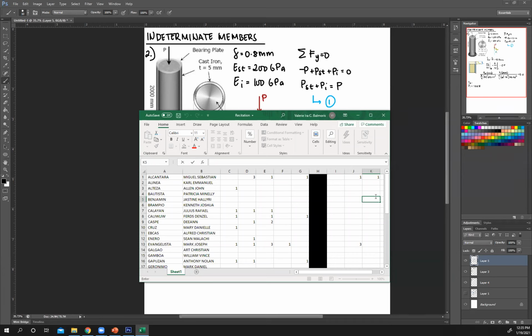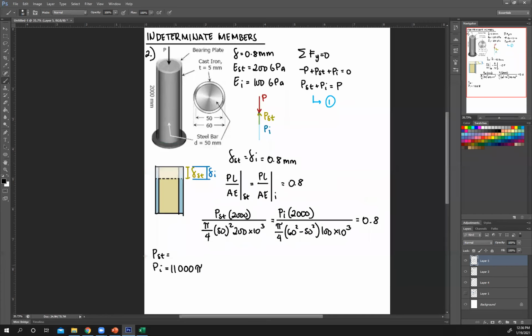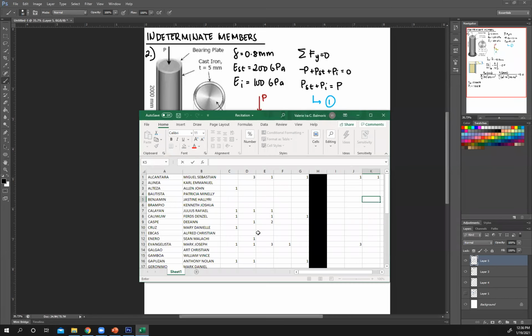Correct, Lawrence, 157,000. Or again, you can just write that as 50,000 pi. I think the reason why I'm writing it this way is so that I don't have to store these values.